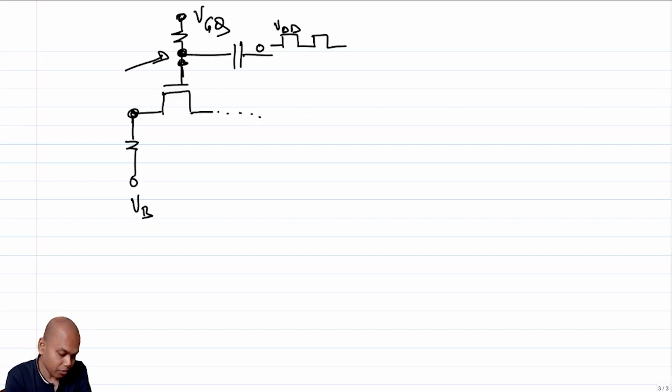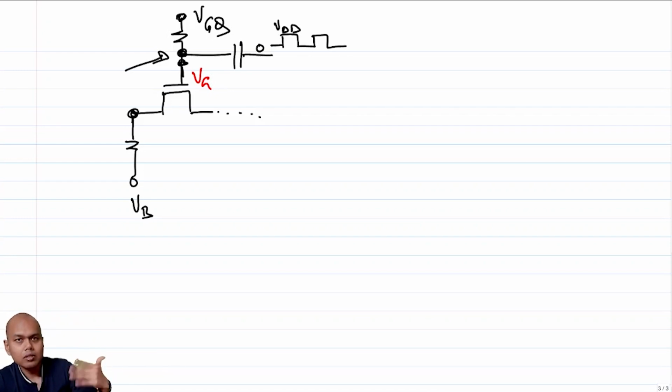The point that we need to understand is that if this is VG, so what will VG look like, right? VG will go up and down from VGQ, right?